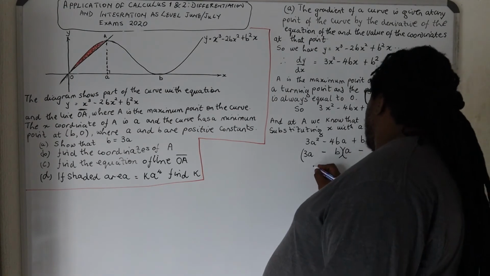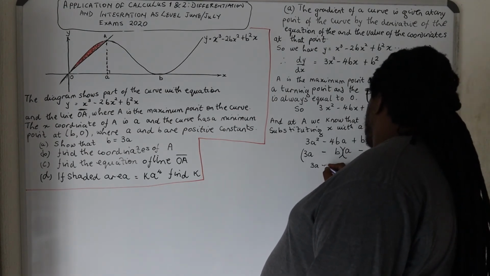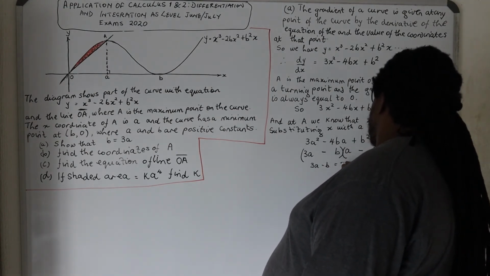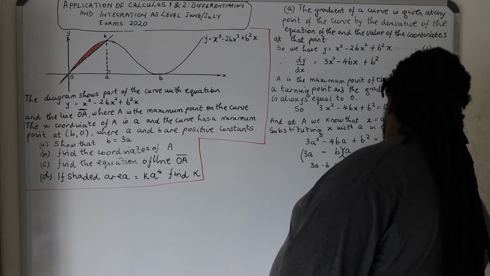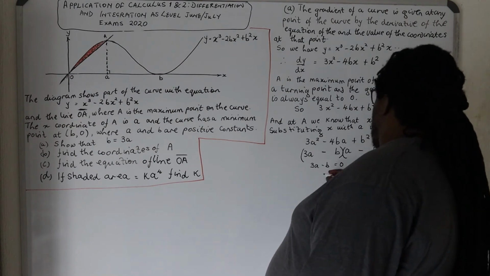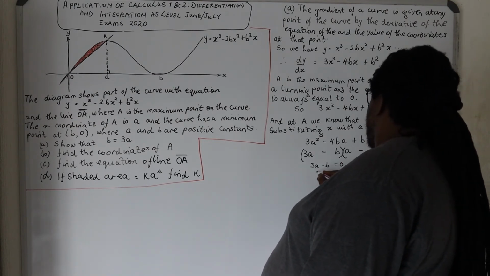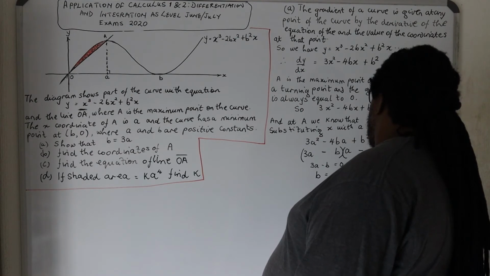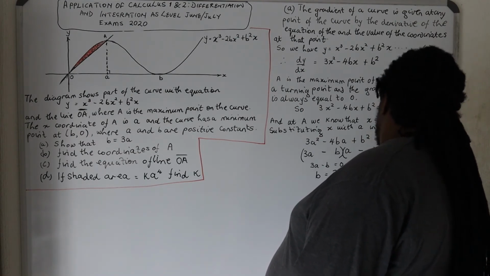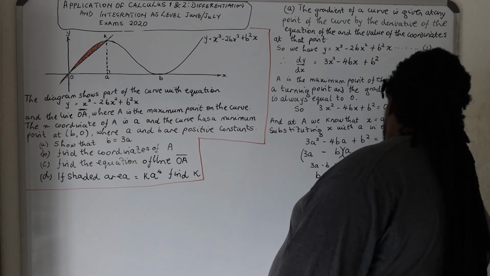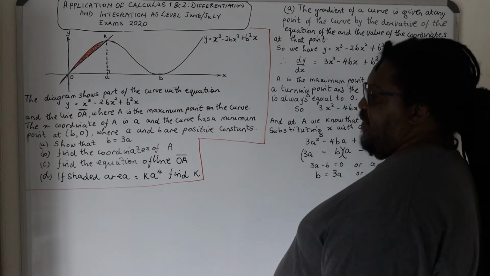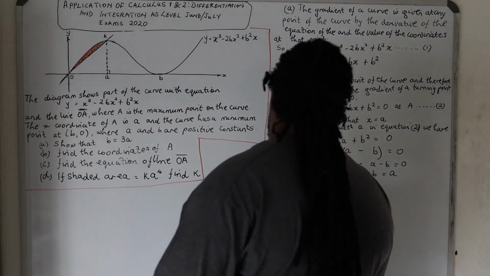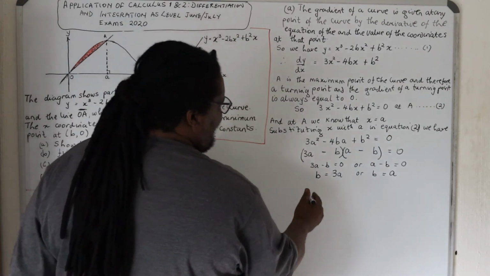So we can have 3a minus b is equal to 0, or a minus b is equal to 0. And so we have here b is equal to 3a, or b is equal to a. So this is what we've been asked to show.